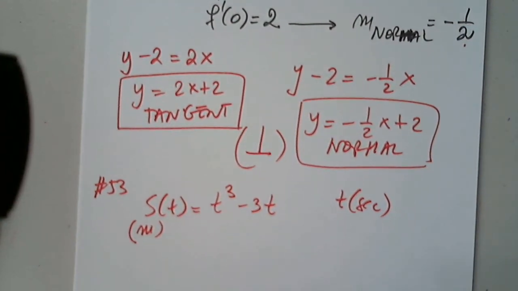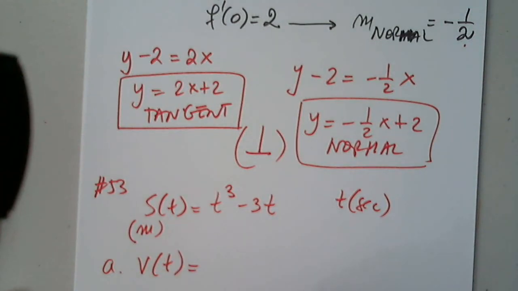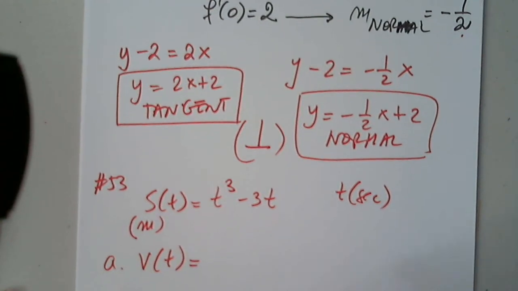So, in part A, we want to find the velocity. So what does the velocity represent here? I have the distance formula. What will the velocity represent for the distance formula? The derivative, so s prime of t. Very good.